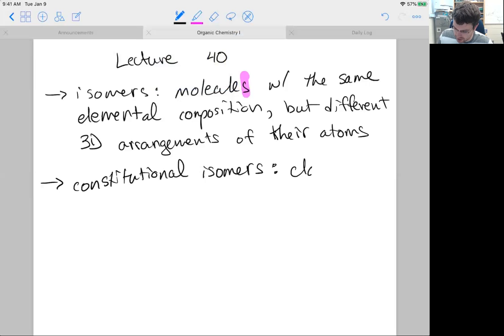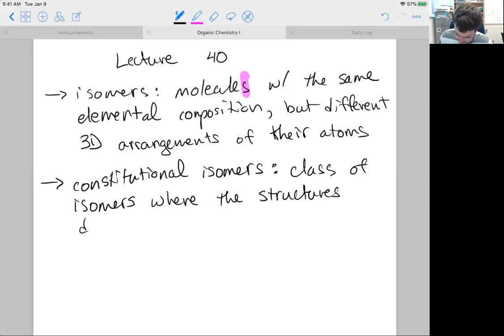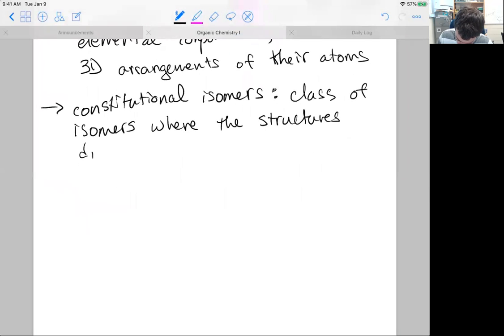So a class of isomers where the structures differ based on differences in connectivity, or bonding.